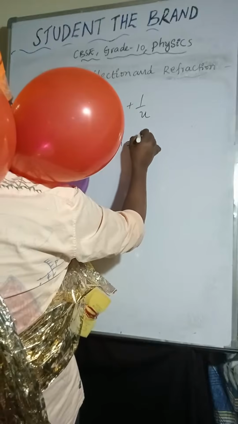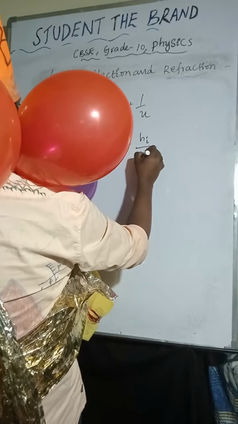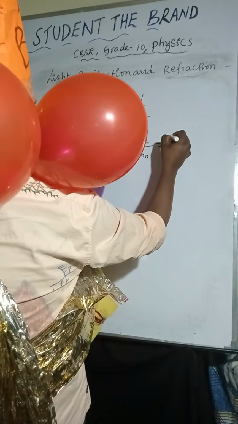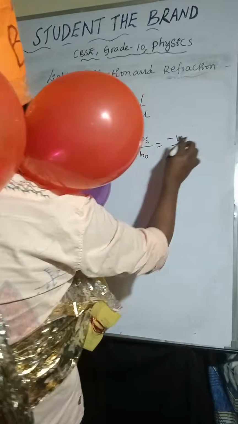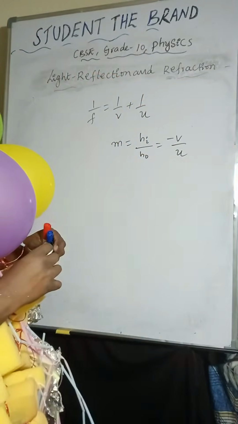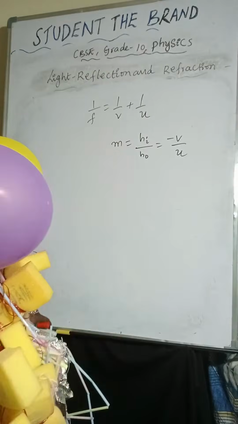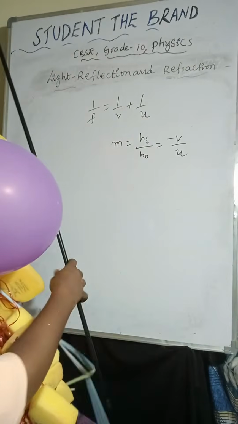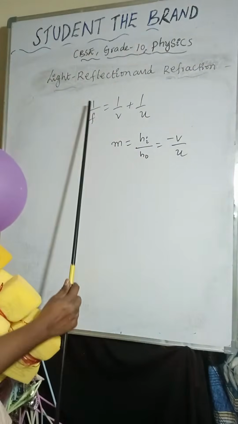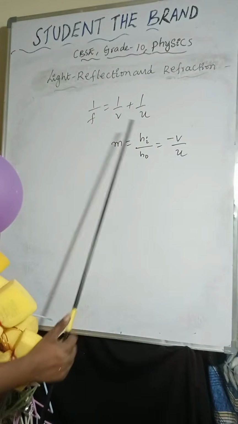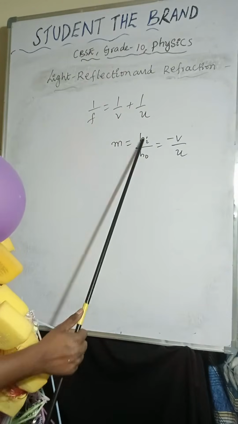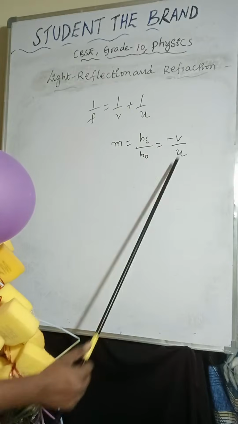Magnification equal to height of the image by height of the object, that is nothing but minus v by u. So this is about the mirror formula and magnification: 1 by f equal to 1 by v plus 1 by u, and magnification equal to height of the image by height of the object, minus v by u.